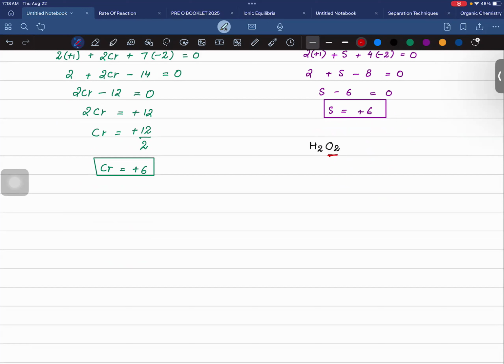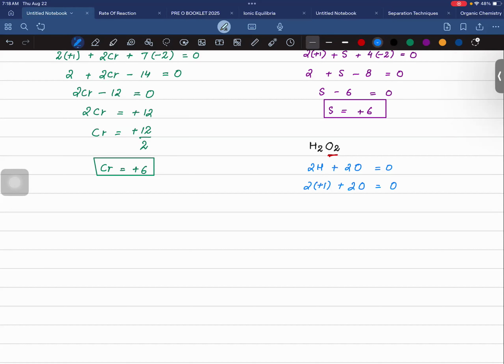Is it +1 or -1? Some are saying +1, some are saying -1. Okay, let me check this. 2 hydrogens, 2 oxygens equal to 0. Hydrogen is +1. The 2 oxygens are to be found out, this is your subject.